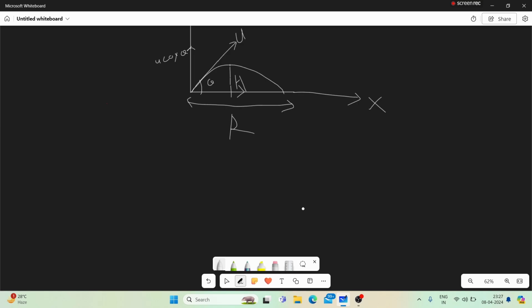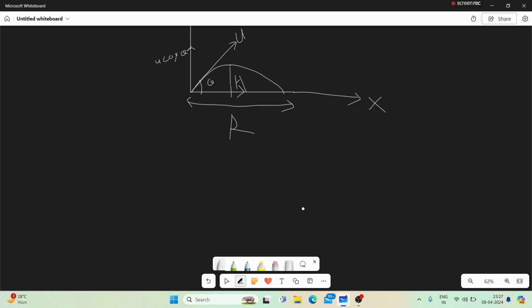If the angle between the initial velocity and the acceleration of the particle is other than 0 degrees, 180 degrees and 90 degrees, then this is called projectile motion.